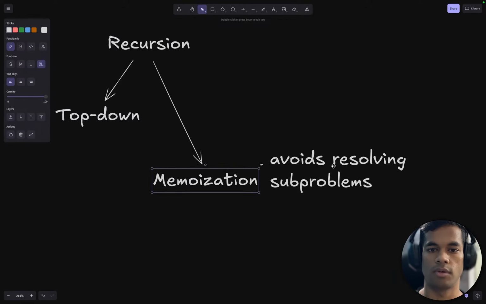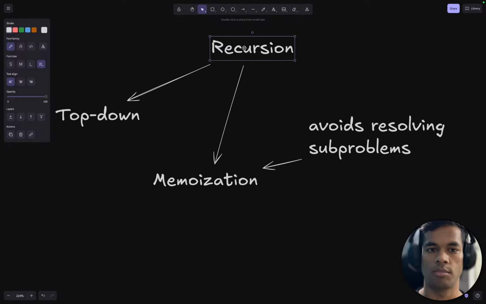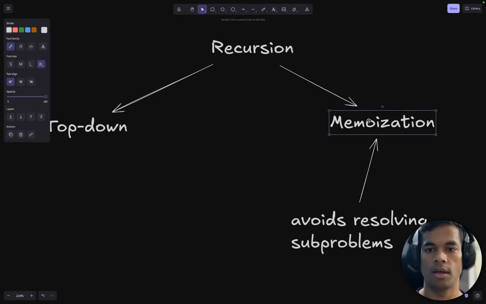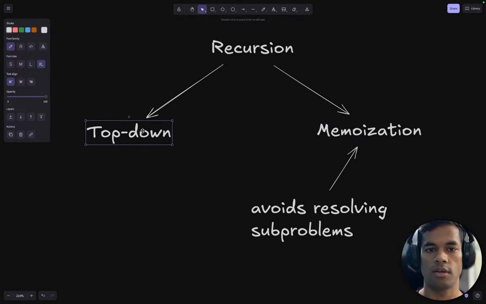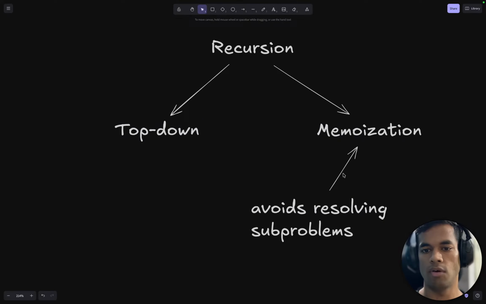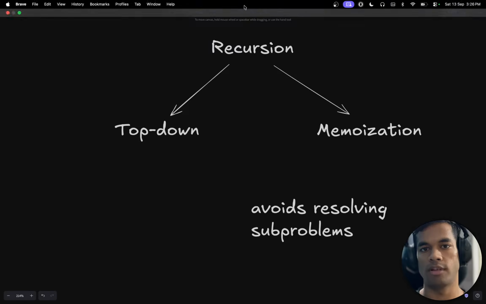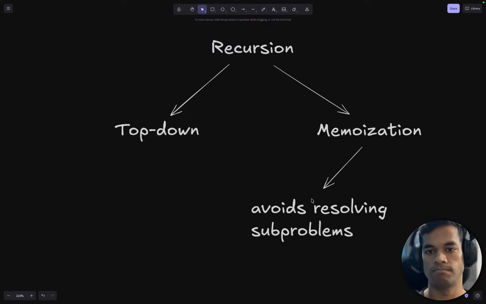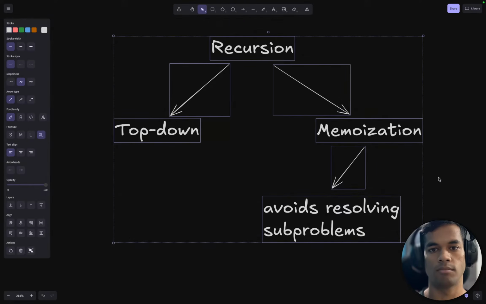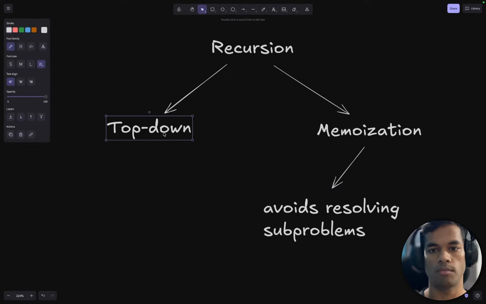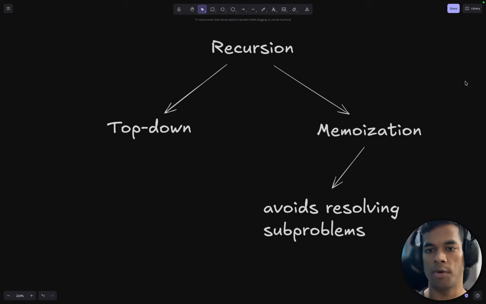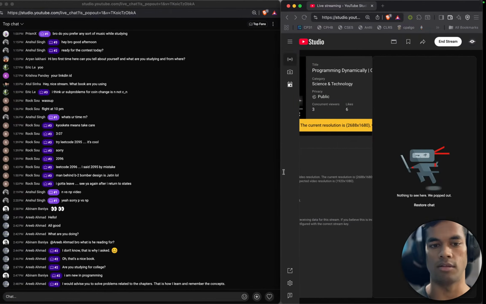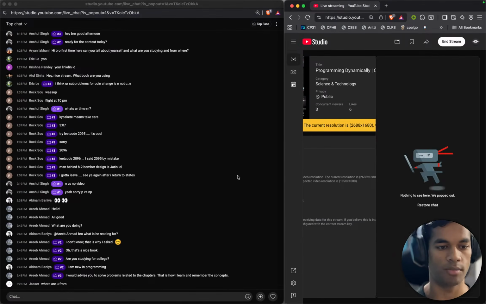Memoization helps in avoiding solving the same subproblems again and again, which is cool. So recursion uses the top-down approach, and when armed with memoization, we do not have to solve the same subproblems again and again. So we are only solving distinct subproblems.